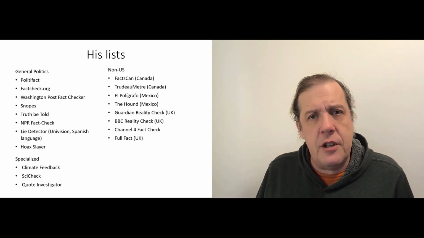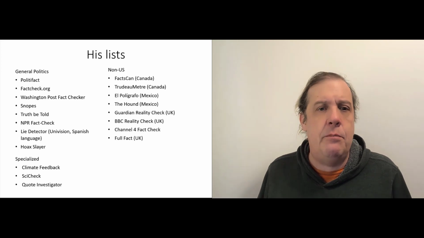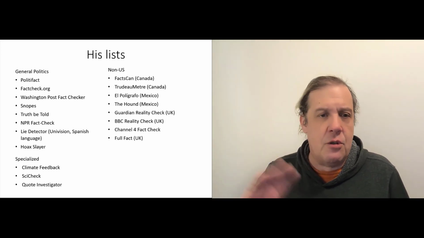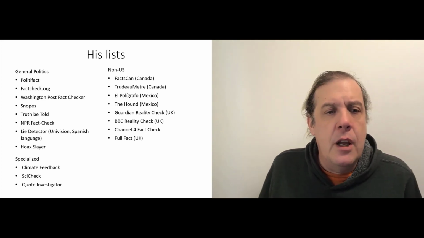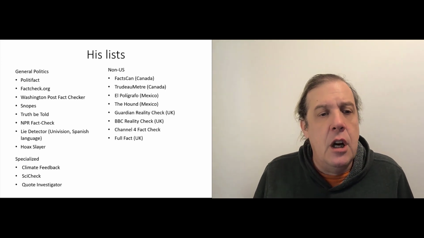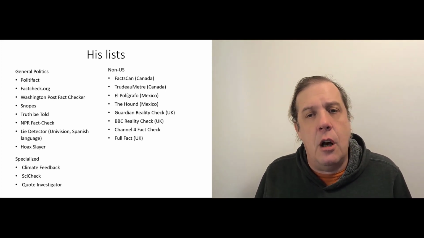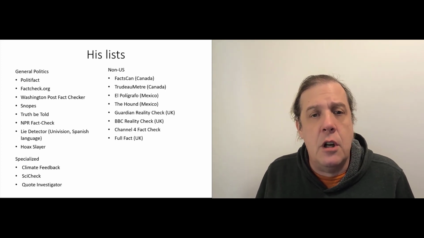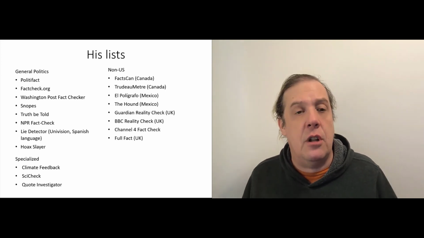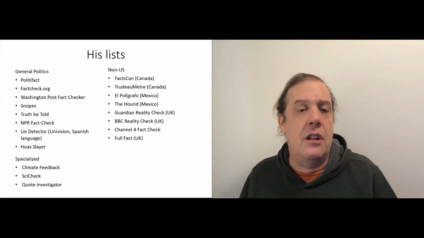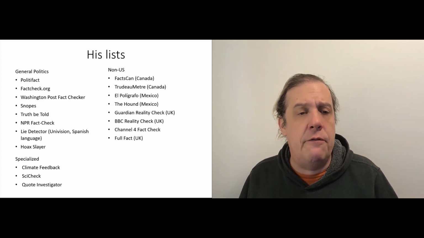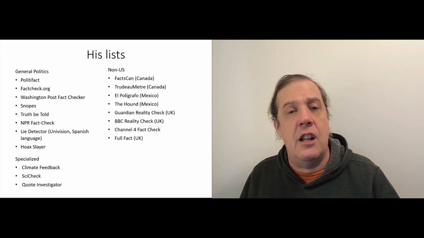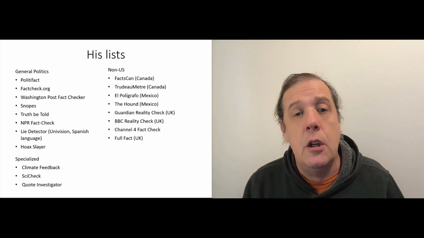Quote Investigator is nice because they do a deep dive and they give you a history. It's cool. NPR Fact Check is good. The other thing that's nice about Caulfield's lists is that he covers an international context. So he's got Univision for Spanish language in America and then non-US things as well.